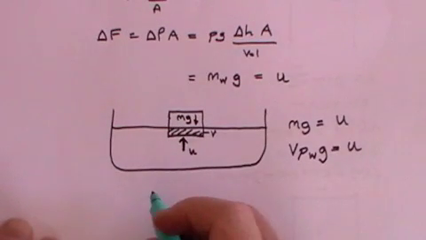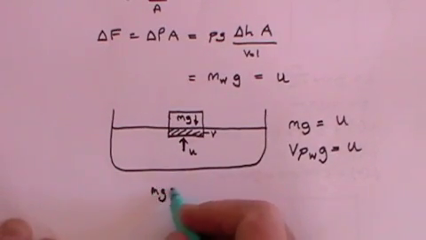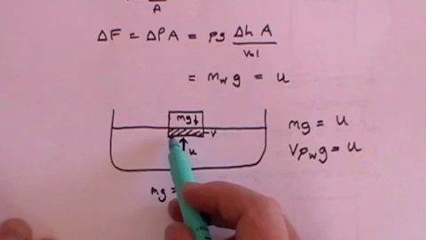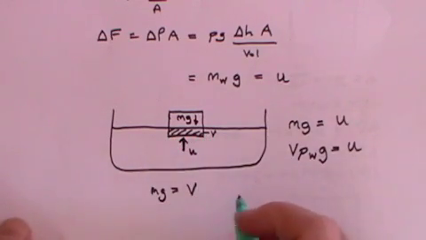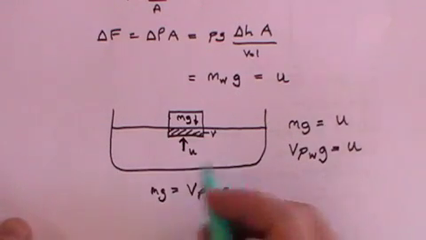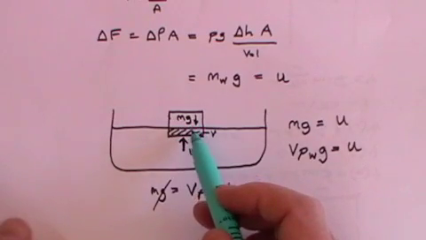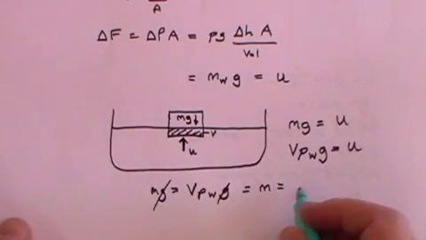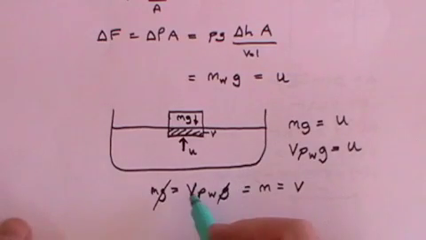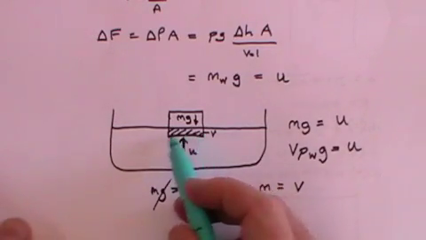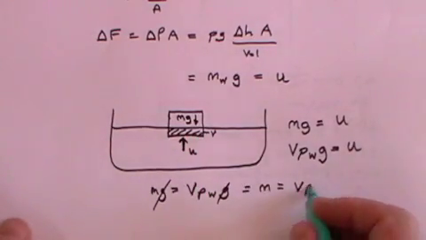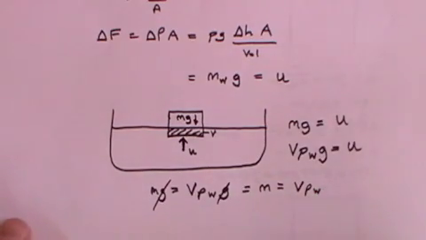So you have that mg is equal to the volume that is underwater times the density of the water times g. The g's cancel and you get that the mass of the object, the total mass of the object, is equal to the volume of the part of the object that's underwater times the density of water.